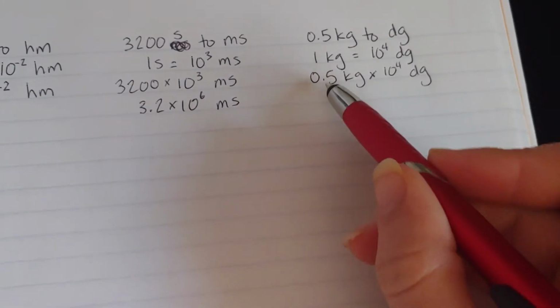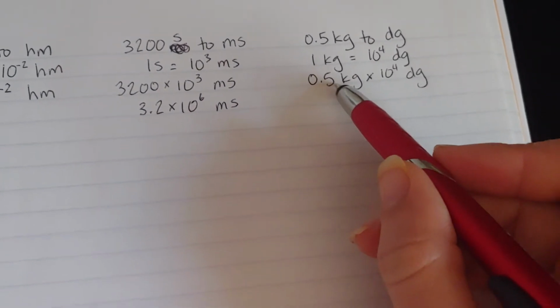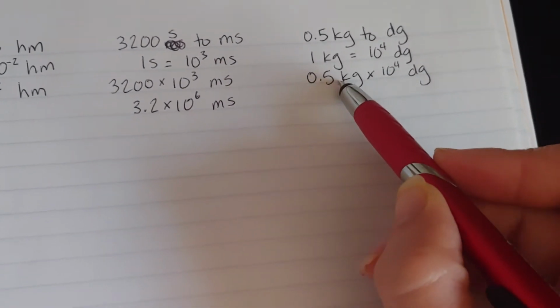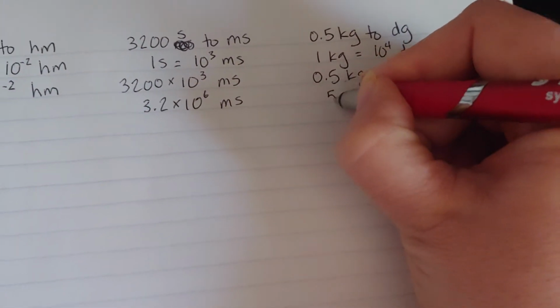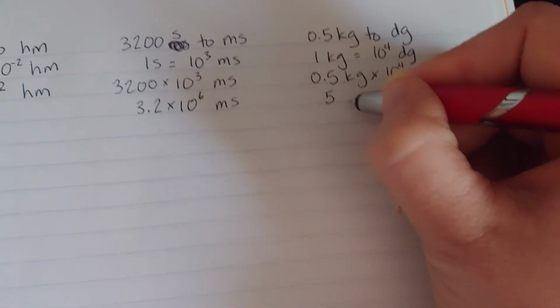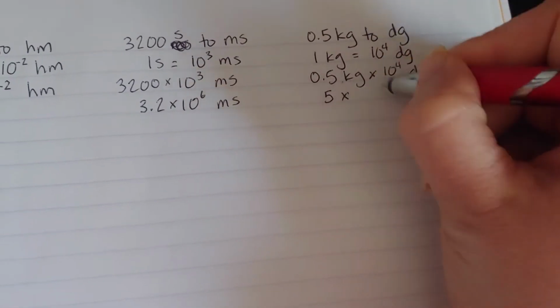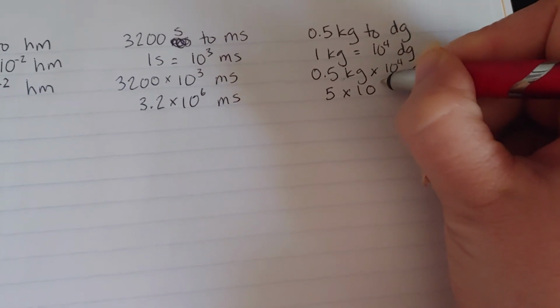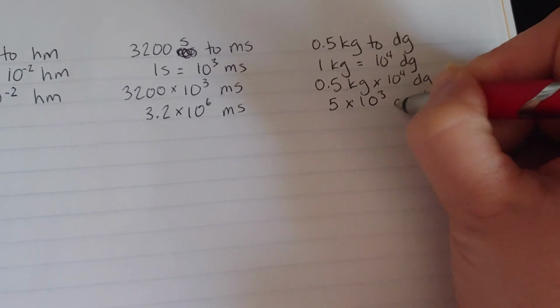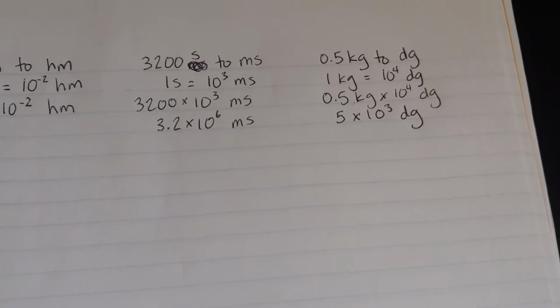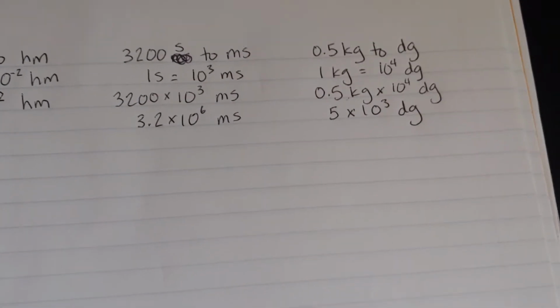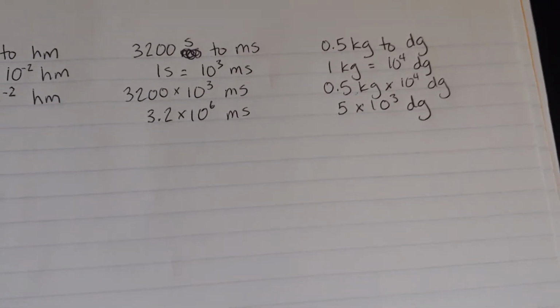But to write this a little nicer, let's move that 1 space this way. So I have 5 times 10 to the 3rd decigrams. So that's our basic unit conversion.